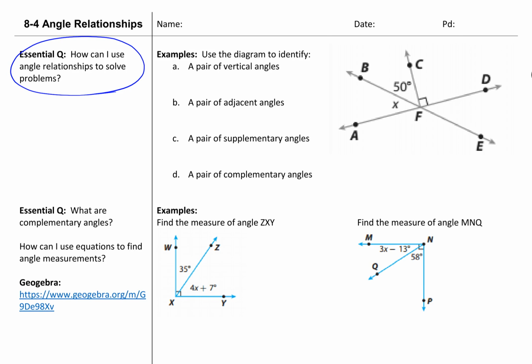I see that these two straight lines intersect each other, which means this angle and this angle are going to be the same. So we'll say that angle BFA, this angle right here, is equal to angle DFE.